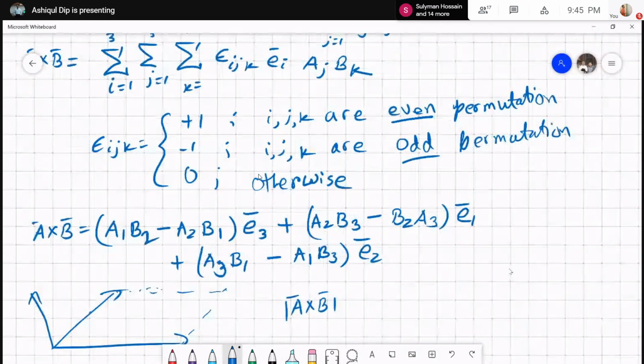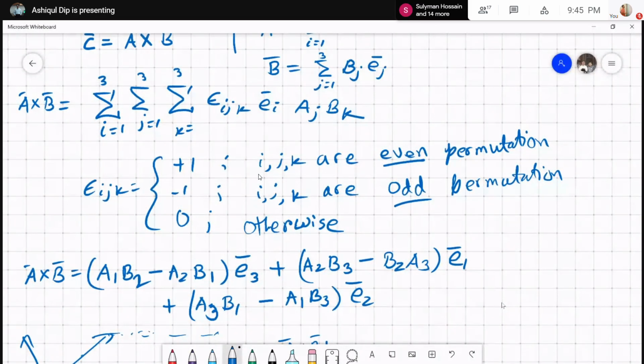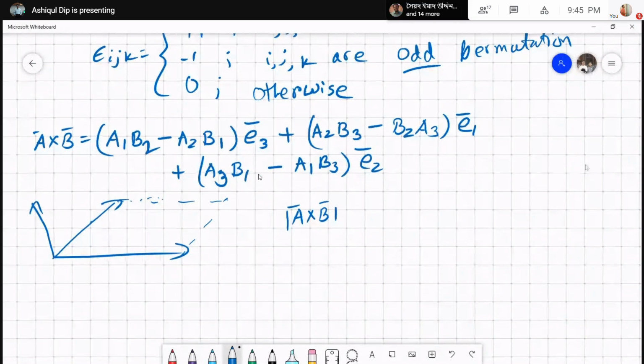Okay, I have a unit vector here, E_I. Oh, thank you. So the norm of A cross B, we already know, it's AB sine theta, where theta is the smallest angle between these two. We already know that, you are already advanced students, so we need not explain everything.